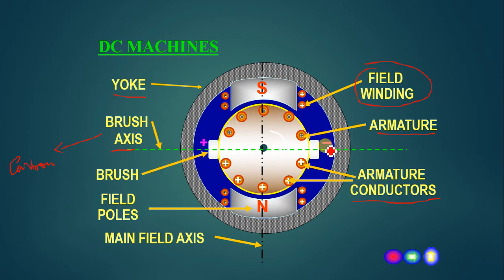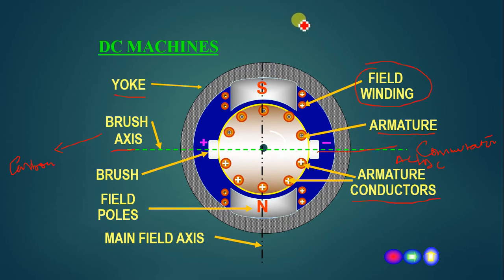Generally these brushes, along with one more device called the commutator, are responsible for conversion of AC to DC. In a DC machine you definitely require it, because the induced EMF will be varying.